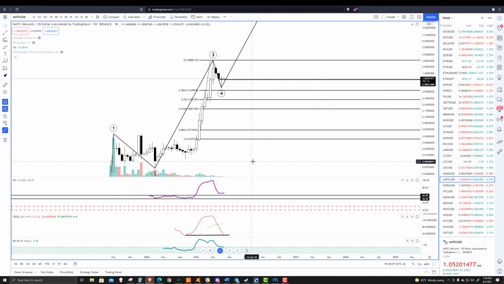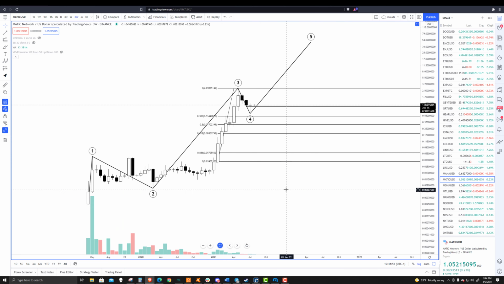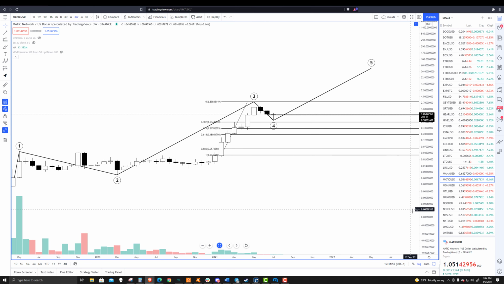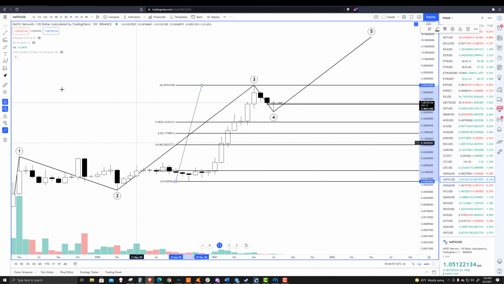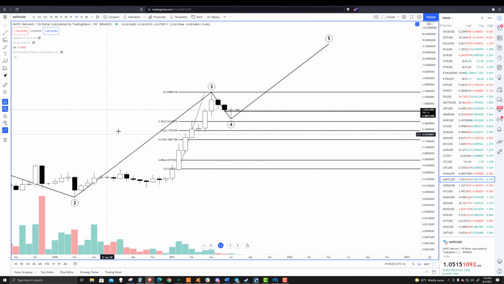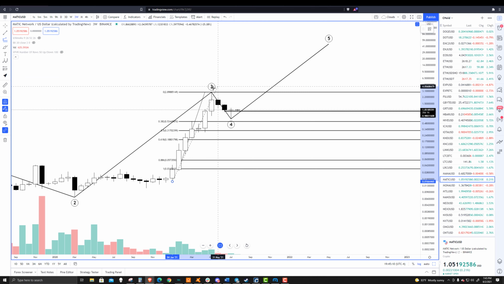Now what I want to do is get a projection of where price would go. How high would MATIC go? Well, I need to first identify the swing. So I'm going to start with this low to that high to our swing low, and what I'm going to use there is a fib extension.